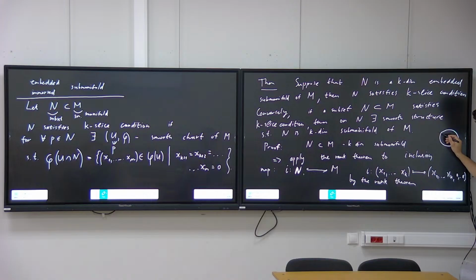So you have a chart, and then you have N going through here, and maybe some piece of N also touches it. So you want your chart on M small enough that it just takes this slice, and this can be done just because your topology is the subset topology.